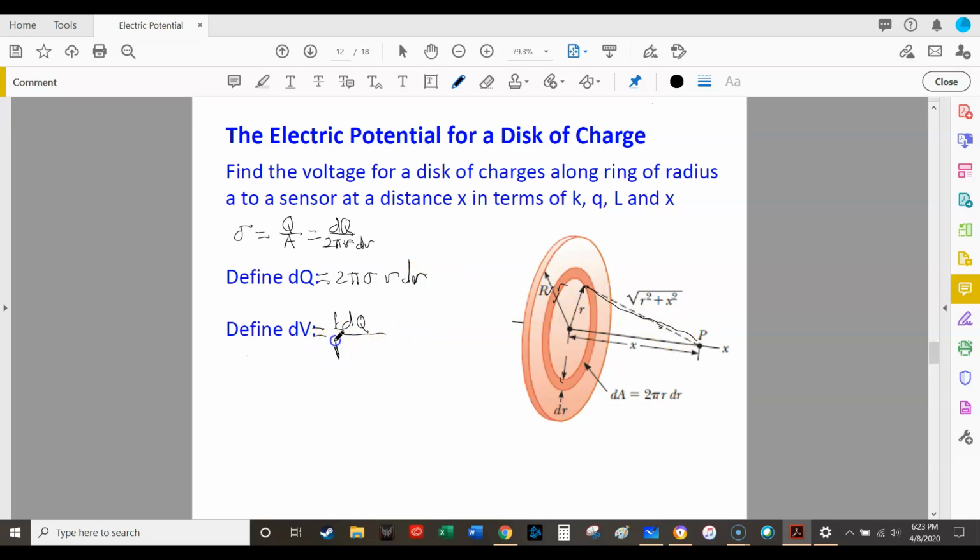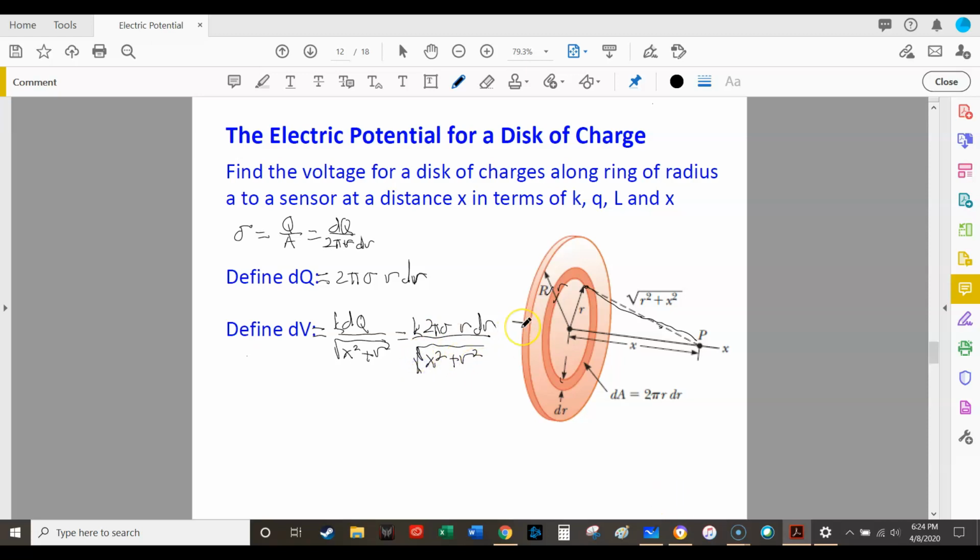So in this case, it's going to be the square root of x squared plus r squared. And then substituting in for our dq, which is 2 pi sigma r dr, what we're going to get is k times 2 pi sigma r dr all over the square root of x squared plus r squared.